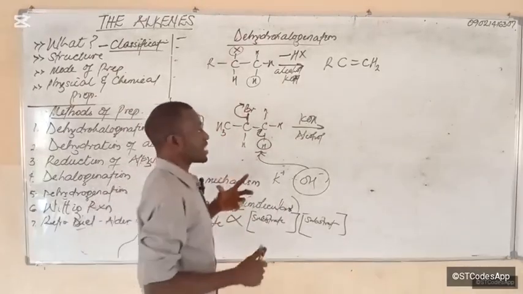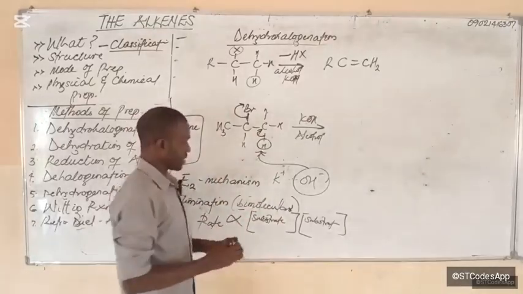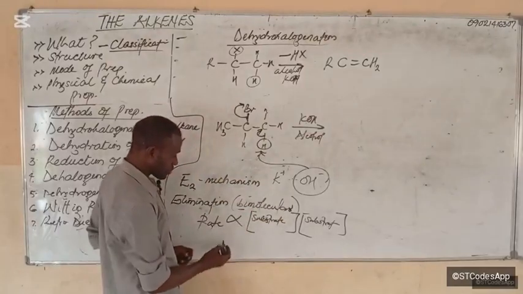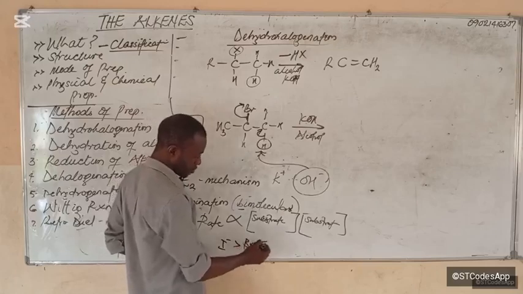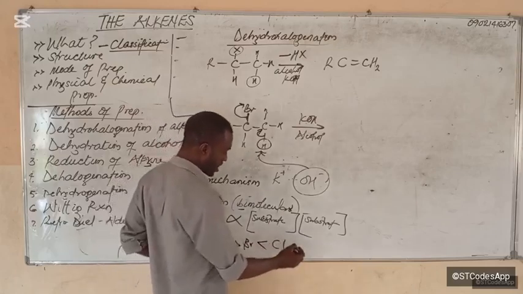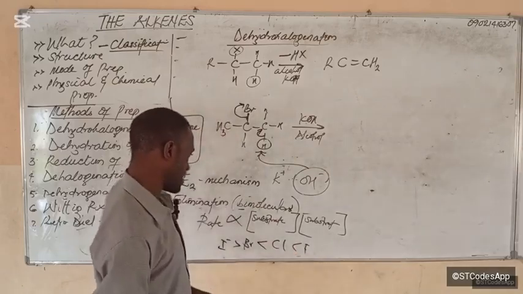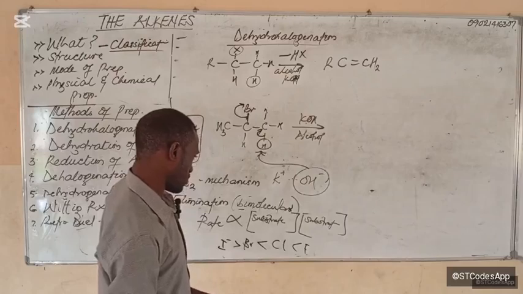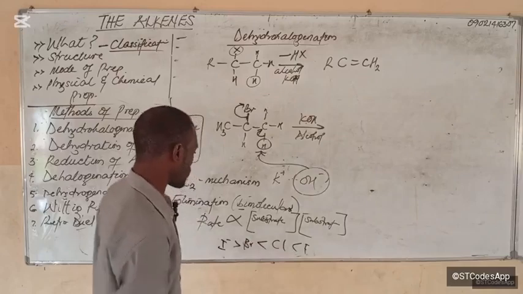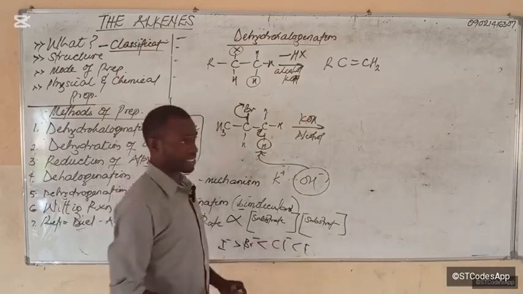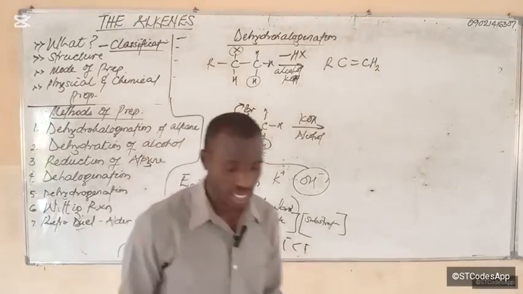With halogens, the order is like this: iodine is a better leaving group than bromine, which is a better leaving group than chlorine, which is a better leaving group than fluorine. I think this is correct, yes. So the leaving ability goes in this order.